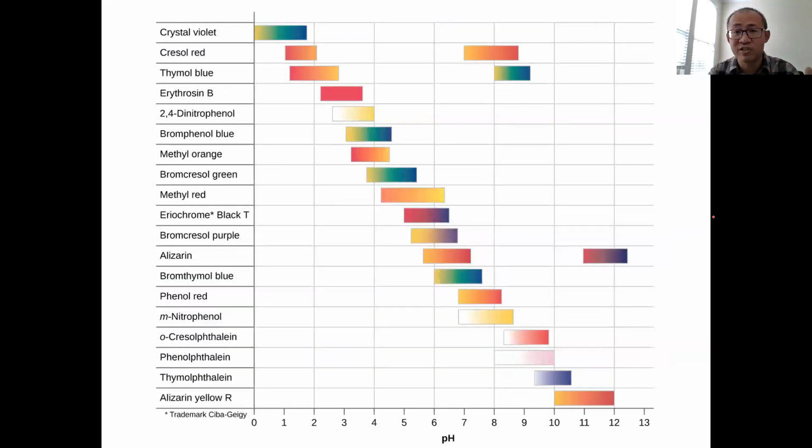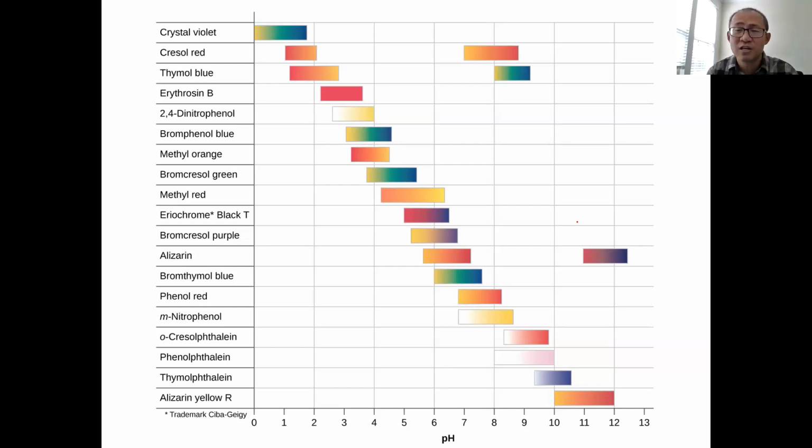Of course, different indicators change to different colors. Some change around a pH of 8, some around a pH of 9, some around 10. Depending on the pH of the final product, you select different indicators. All these indicators change color from one to another: from orange to yellow, from colorless to orange, from colorless to pink, from blue to red.